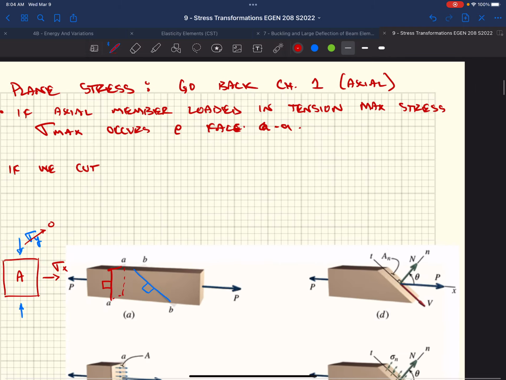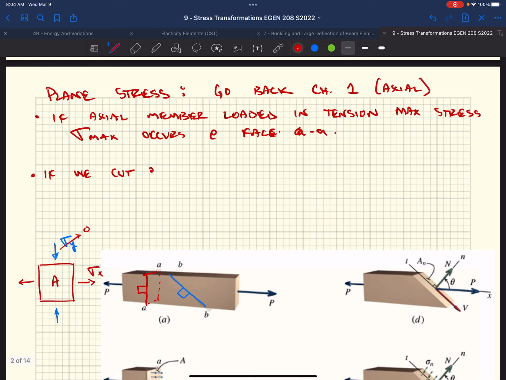So if we cut at an angle, that cut experiences a combination of normal and shear stress, normal and shear forces, you could say.